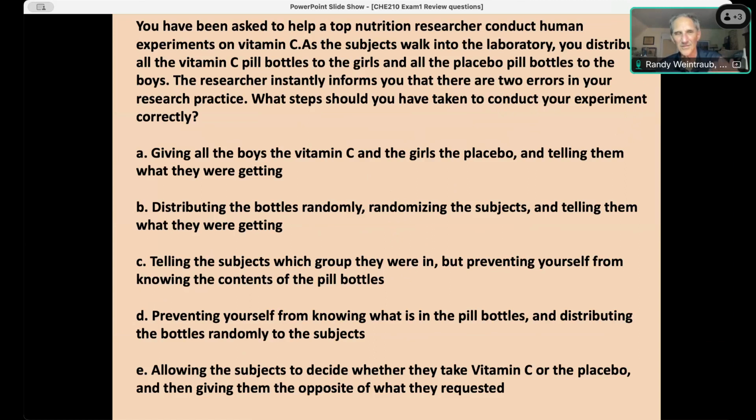The researchers don't know which one is receiving the intervention or not, so they won't be biased. The researcher, actually the PI, should have informed and trained them better: preventing yourself from knowing which pills are in which bottles and distributing them randomly to the subjects.